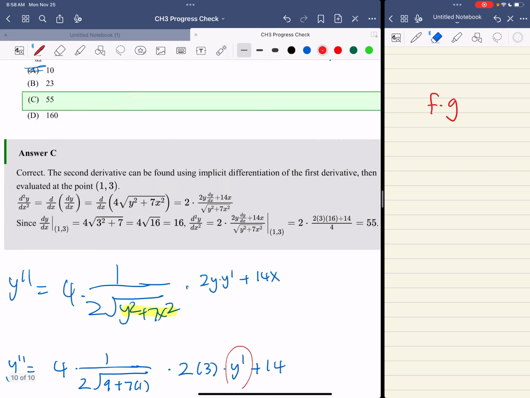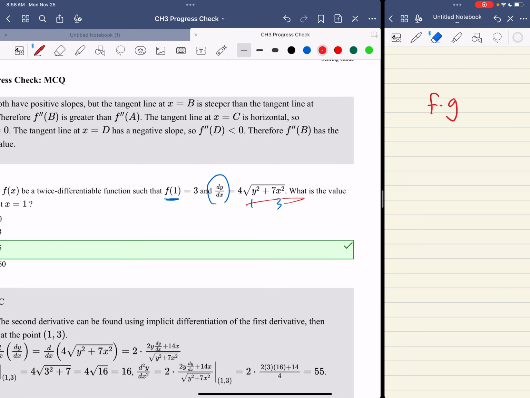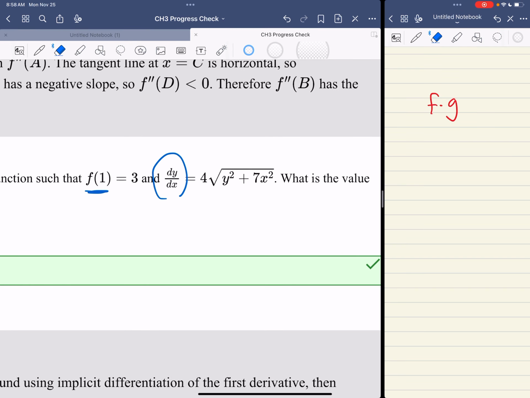Now, 3 squared is 9, plus 7 is 16, the square root of 16 is 4.